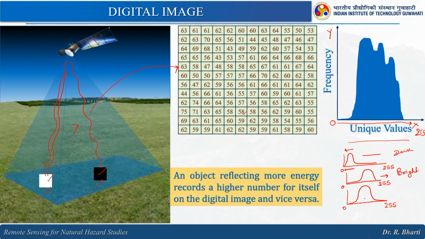And if you have a Gaussian distribution, that means your image has the appropriate contrast and brightness. This is very good for the image, but in general, since we are measuring natural objects in natural conditions, we generally get this kind of histogram, which needs further digital image enhancement.